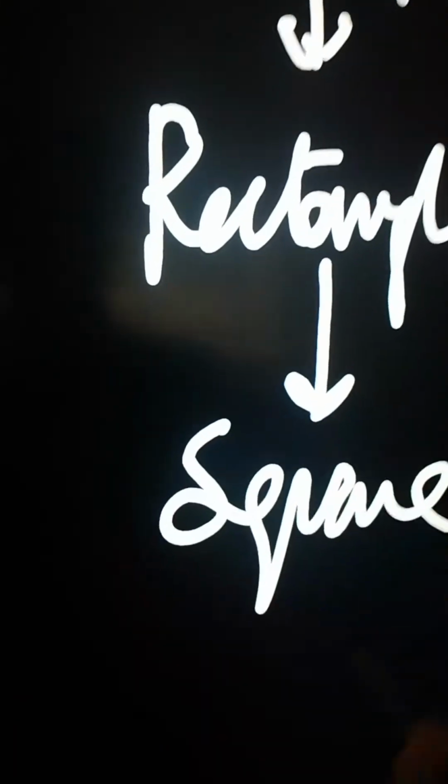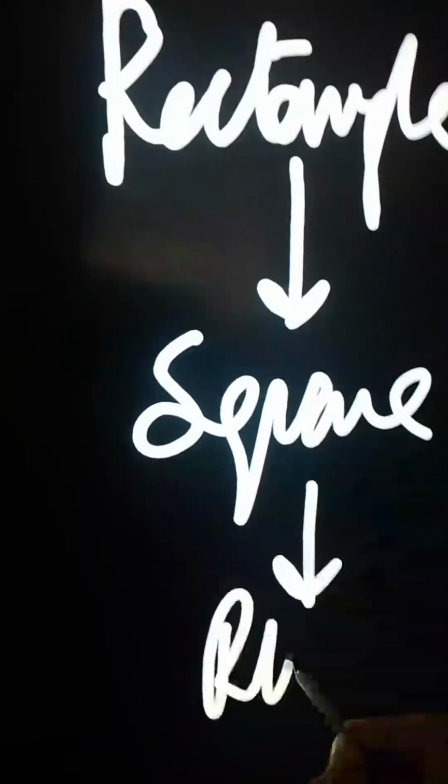When I say a square is a rectangle, what do I mean? I mean we start with a parallelogram, then we say there is a rectangle, then I am saying there is a square, then I will say there is a rhombus.